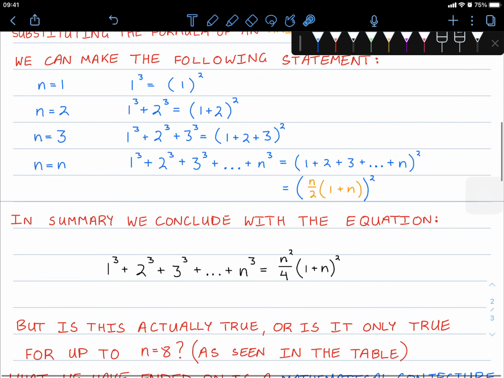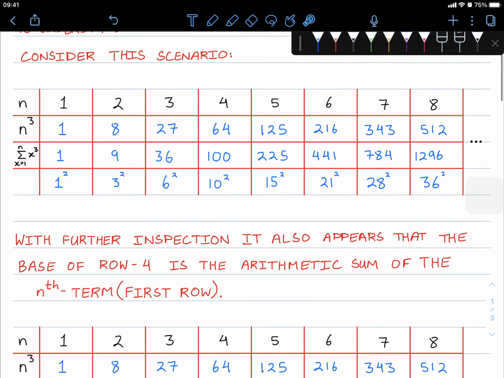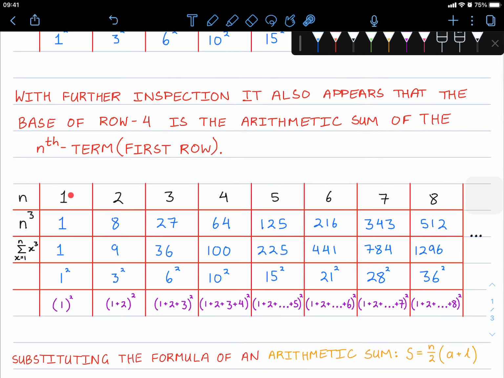But is this statement actually true? From just observing, we seem to have come to the conclusion that 1 cubed plus 2 cubed is the same as 1 plus 2 squared.